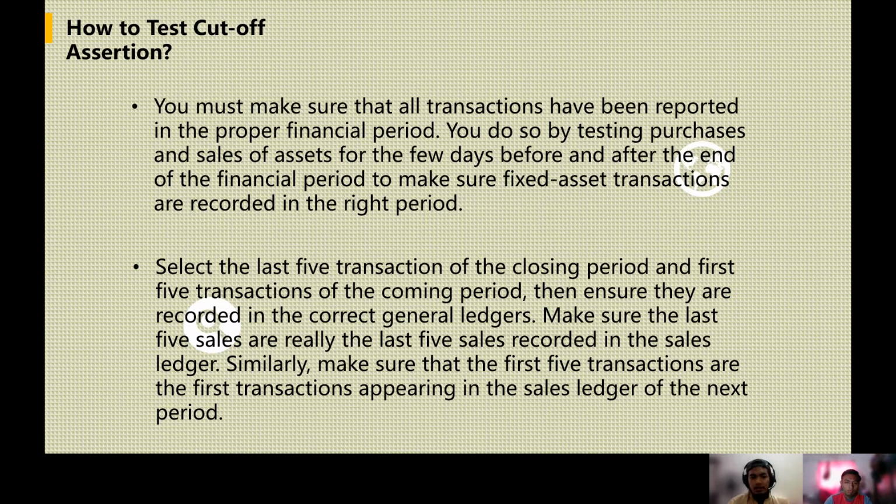We cannot take the middle five or the last five transactions of the year of assessment 2020. We have to take them from the sales ledger. As we can see, all have been recorded within the period of the year of assessment 2020. So that's all for the first two parts.